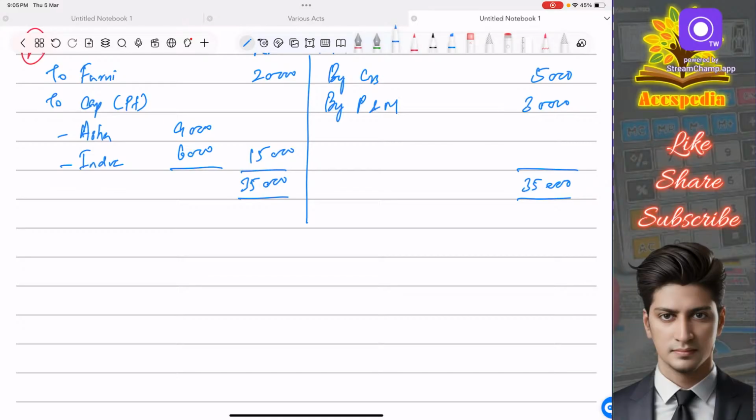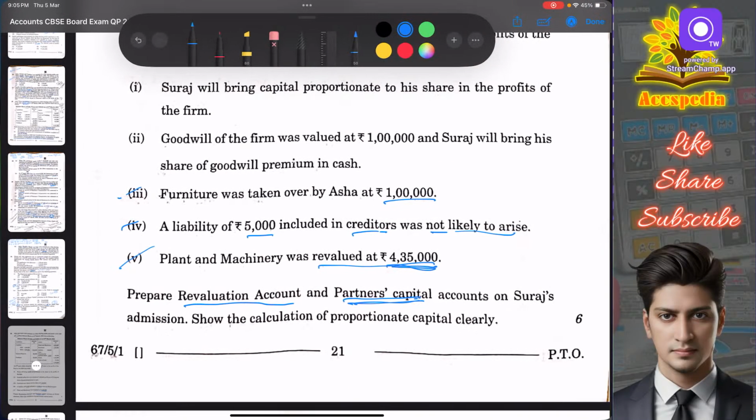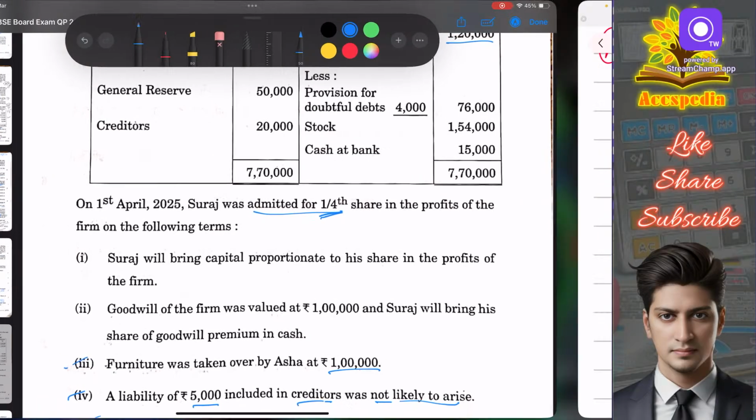Okay, sorry. So let's open now partners capital account. There are 3 partners, Asha, Indra and Suraj.